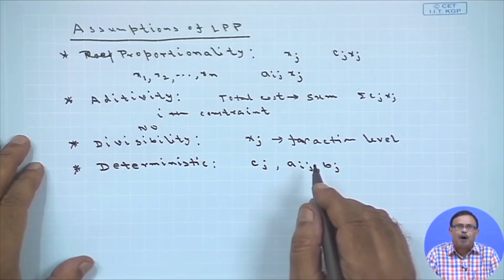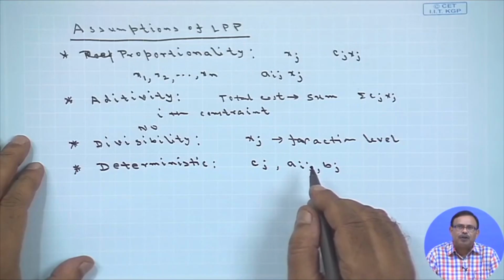So, these are the four assumptions which are used for the solution of a linear programming problem. One is proportionality, that means each and every decision variable will be given equal weightage. Additivity, the total cost is the sum of the individual costs, as well as the contribution of the ith constraint is equal to the sum of the contributions of the activities.